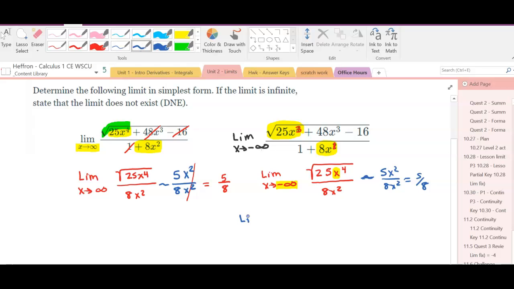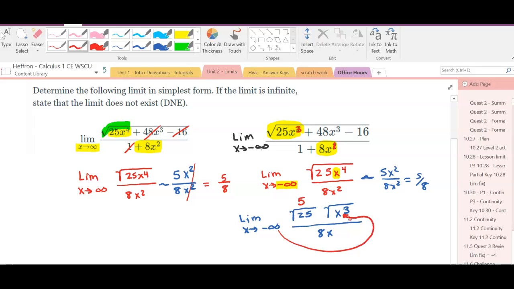So we'd be looking at the limit as x approaches negative infinity of the square root of 25, well that's going to be 5, and the square root of x cubed all over 8x.